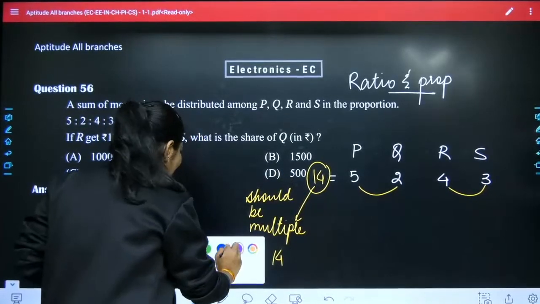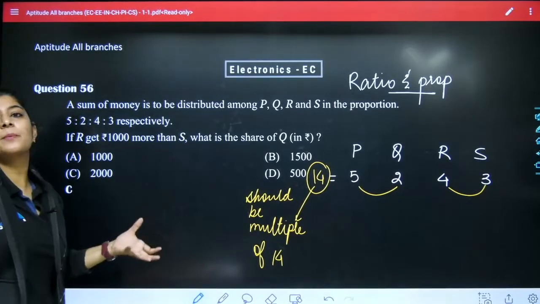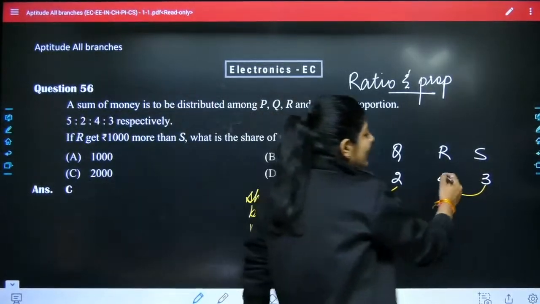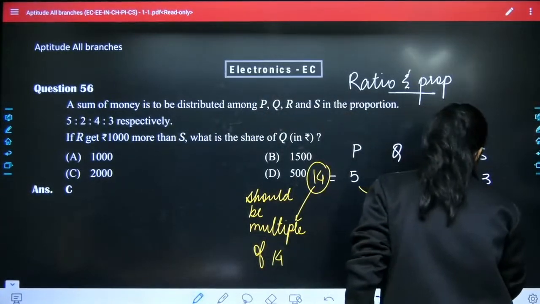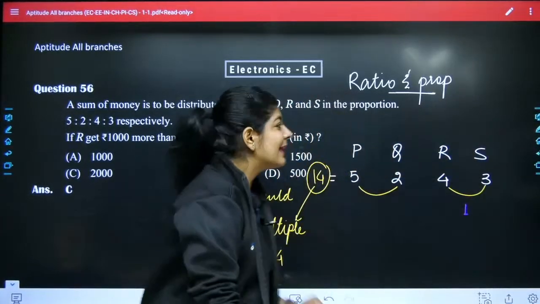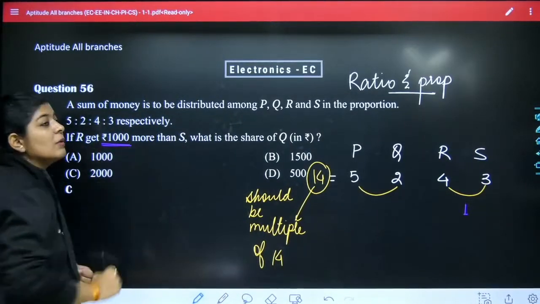Now what was asked? It was asked, if R gets 1000 rupees more than S. If we find the difference between R and S, we get a difference of only 1. But the question states that the difference is 1000.